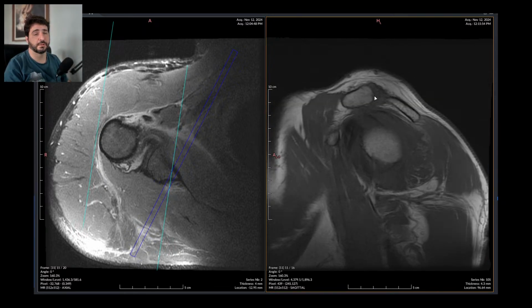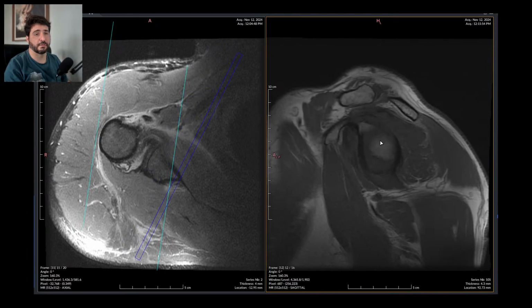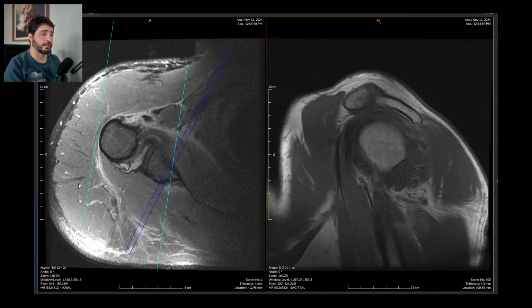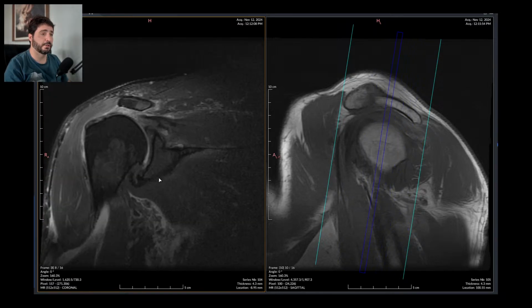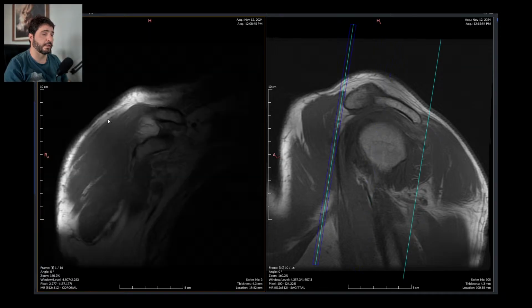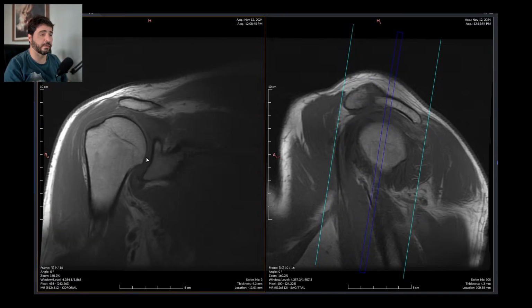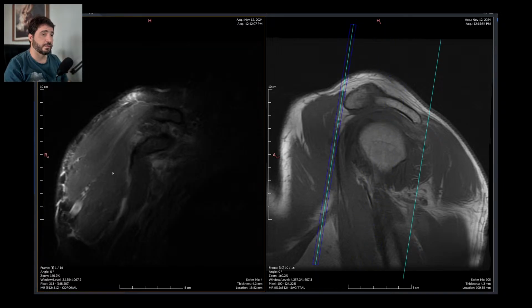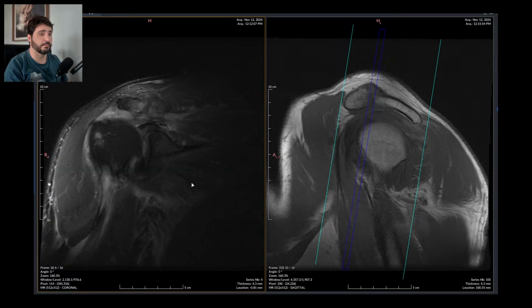There is also moderate arthrosis and synovitis of the acromioclavicular joint. There is bursitis. There is a large effusion. Let's see on the sagittal and the coronal view if I can say there is a glenohumeral arthrosis. There is glenohumeral arthrosis. There is a large rupture of the labrum right there.